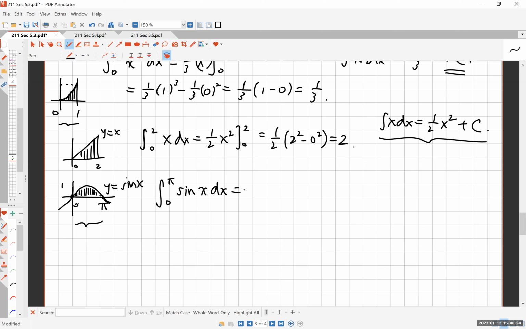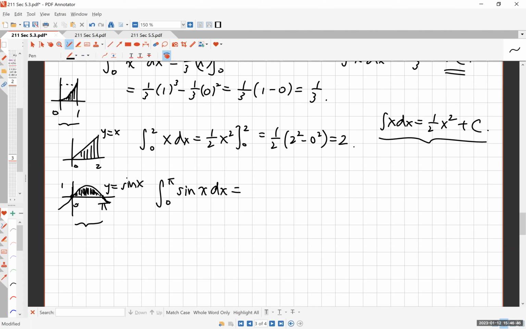Now, sine of x, remember, is a transcendental function. It's not algebraic, right? And in fact, pi is an irrational number, 3.14, blah, blah, blah. So there is no reason for anyone to expect this area to be a nice number. Maybe it's going to be another irrational number. Maybe it's a transcendental number, maybe whatever, right?